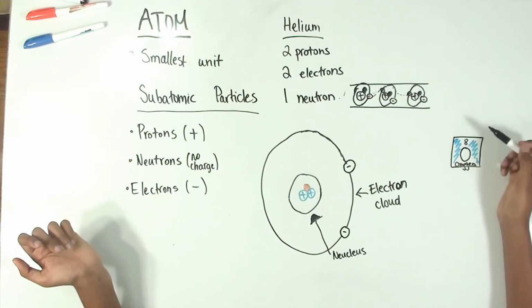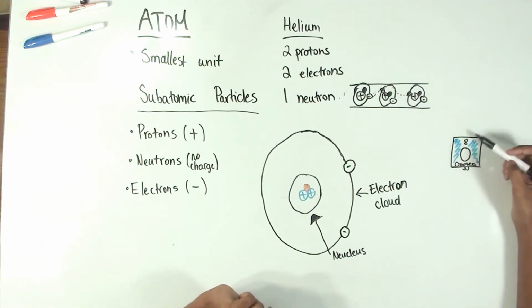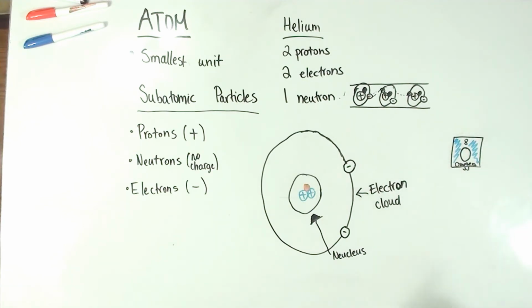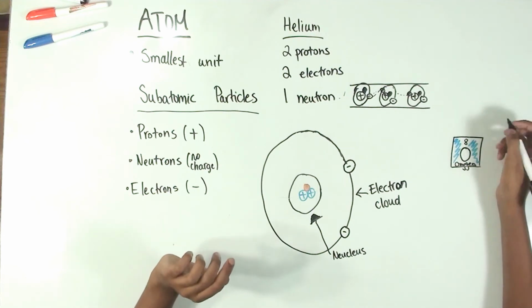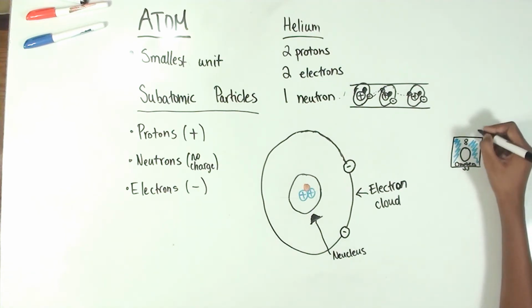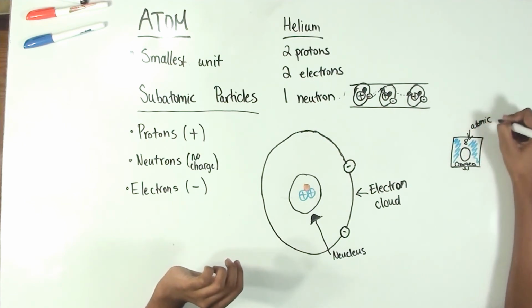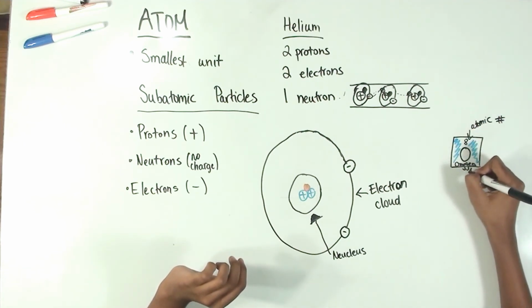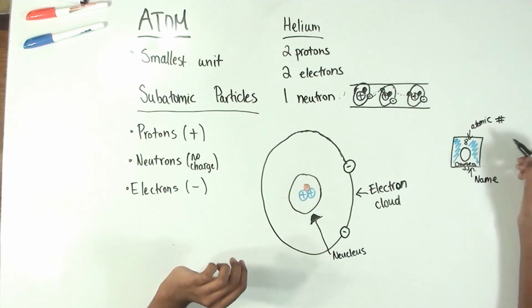The number on the top is the atomic number, which refers to the number of protons in it. And the blue on the side will tell if an element is either solid, liquid, gas, or if it is not found in nature. So once again, the top number is the atomic number. The name of the element is down here.